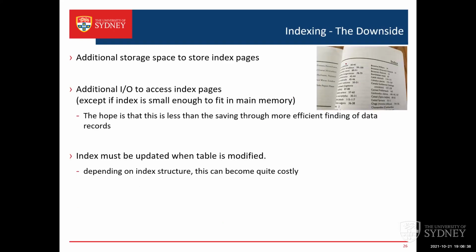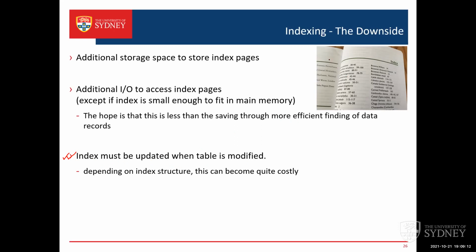But before going there, what is the disadvantage? Every system will have some disadvantage, right? The first downside is that it will take additional space. In a book, when we have an index, we have a few extra pages, right? So the book could be 500 pages, but because of the index, which takes up another 10 pages, it is 510. So this one will take up space. It will be efficient in finding the data, but the problem is we have to change the index when the table is modified.